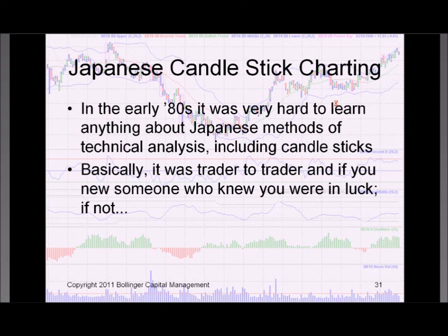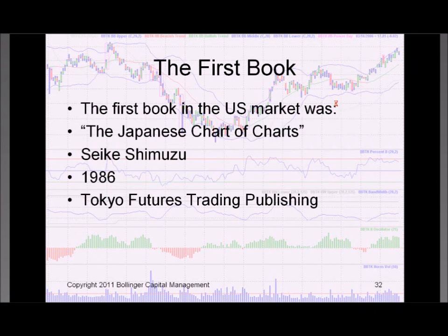He had heard that Seiki Shimizu's book, The Japanese Chart of Charts, was being translated into English, and he actually flew to Japan and bought a slew of them before they were imported to the U.S., stuck them in his suitcase, flew them back to the U.S., and sold them to the poor suckers that wanted to know something about charting for twice the list price. The book list price was $20, and he sold them for $40.